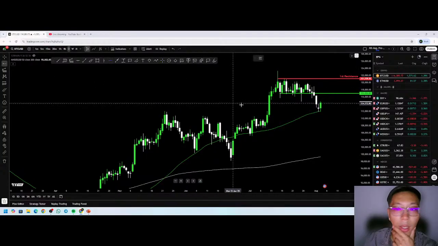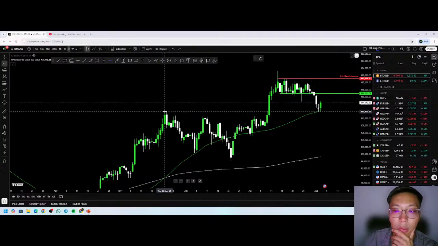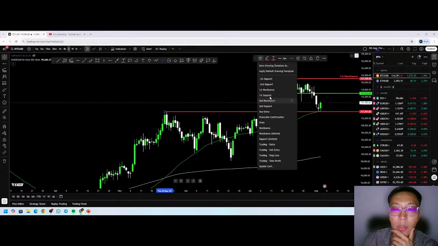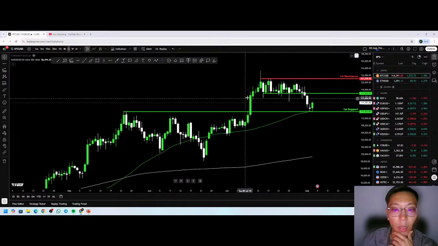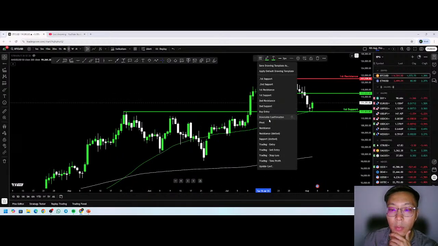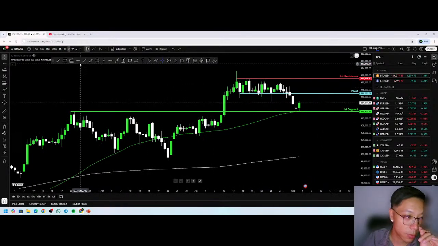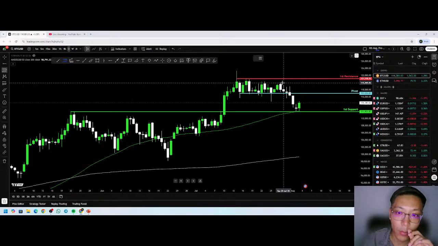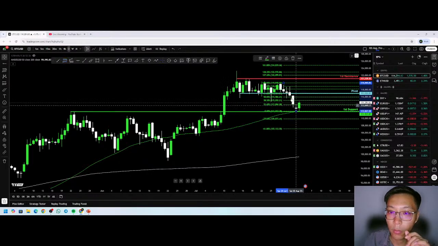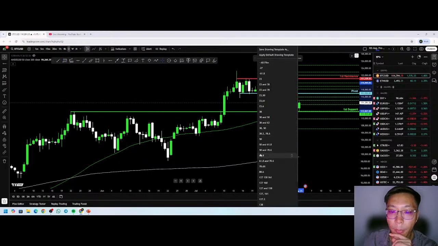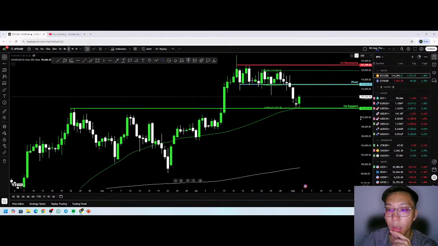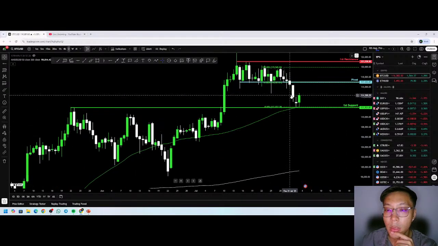Then where's our support? Our support is of course at this overlap support level already. Forgot to put this in, this is my pivot point. Yes, so definitely I would say there will be a fib level. Yeah, 61.8, very beautiful.